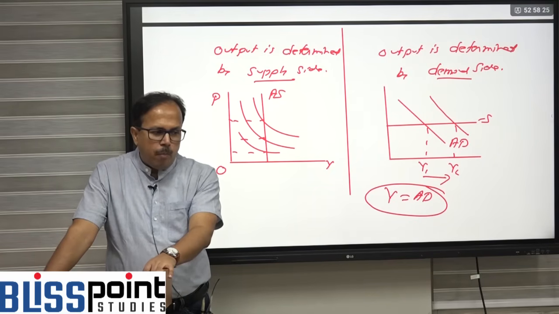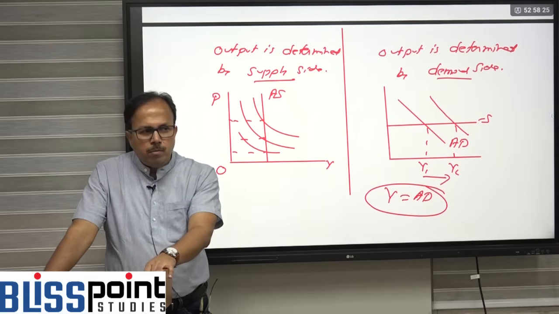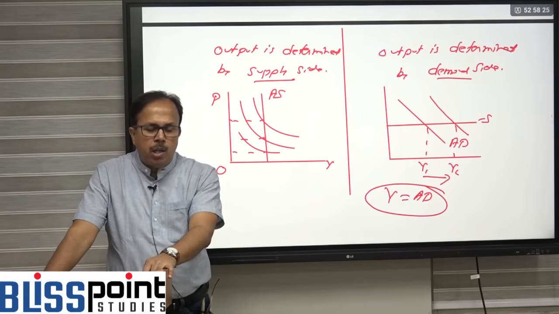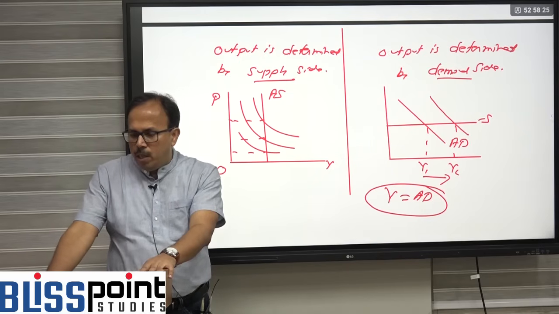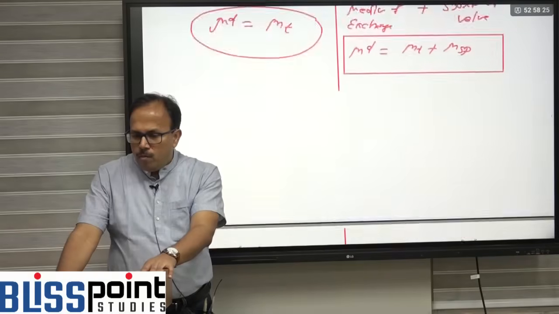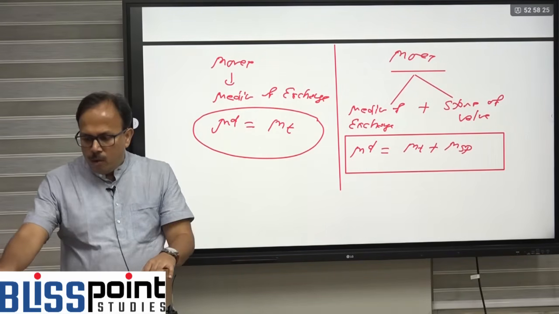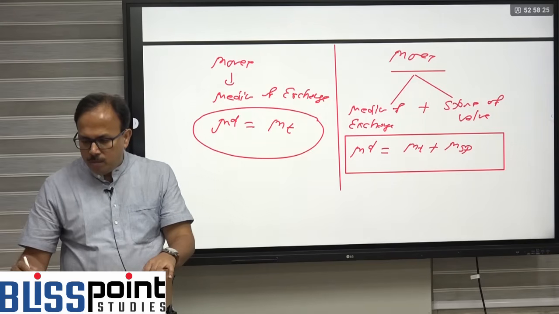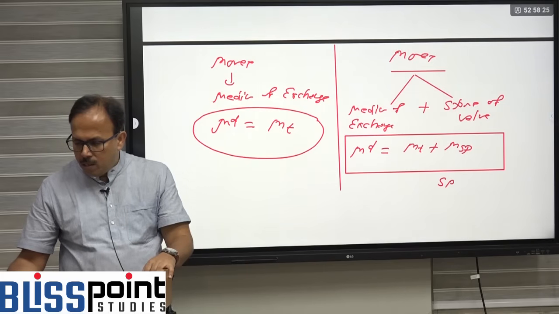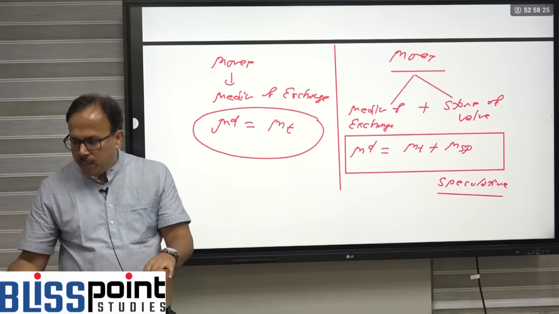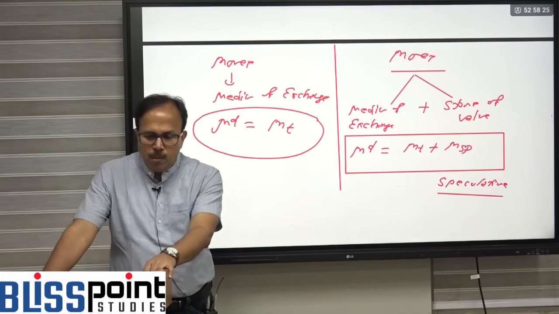However, in the Keynesian model, money is demanded for transaction purpose as well as speculative purpose. Underline that.